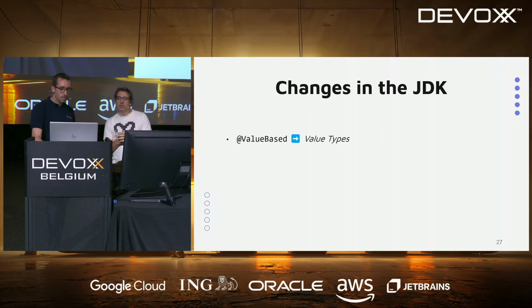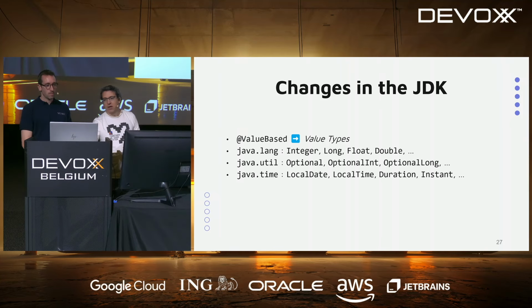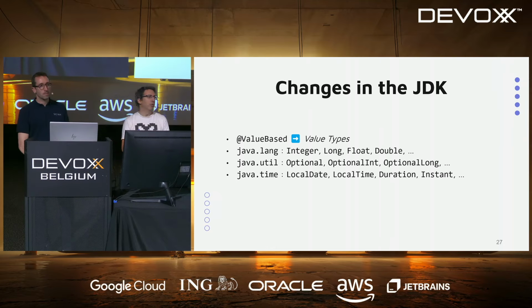So in the JDK, I don't know if you know, but currently you have an annotation for some classes that in the future, soon, will become value classes. The current annotation is value-based classes. And so things like the wrapper types, like Integer, Long, Float, and Double, are now value classes, which means that if you do an equals equals on them, it almost works. Almost.